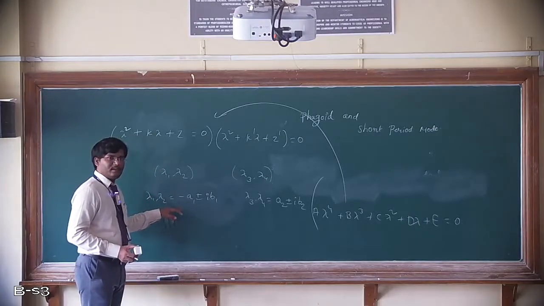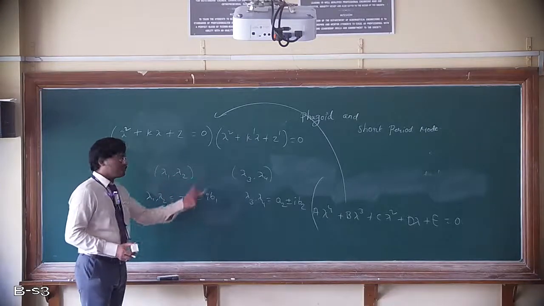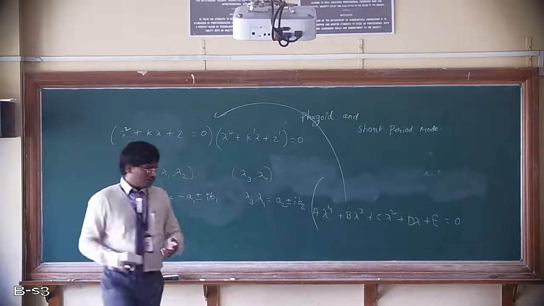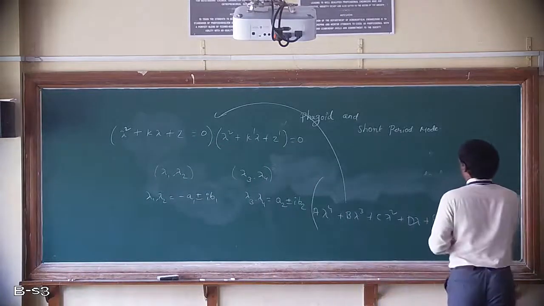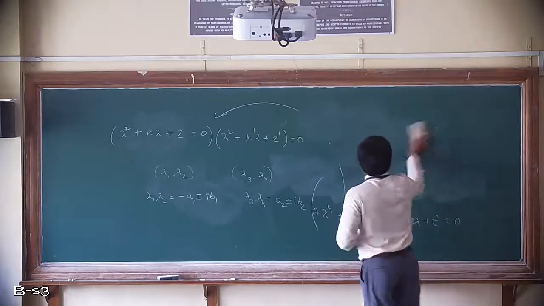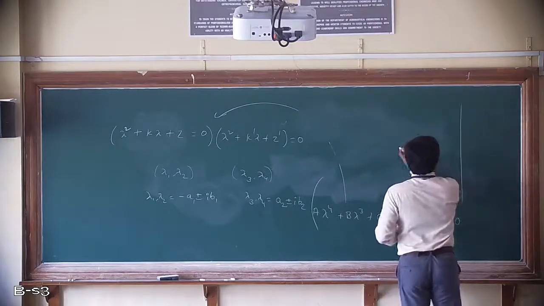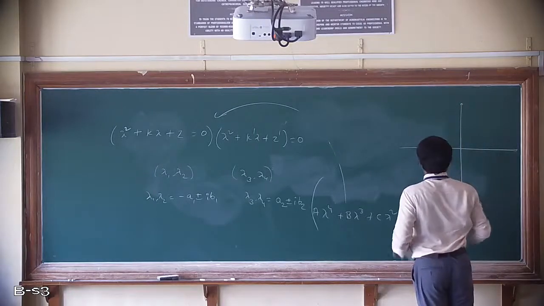Generally they get this for civil passenger aircraft. Is it clear? The roots of this characteristic equation are complex conjugate numbers for longitudinal motions.